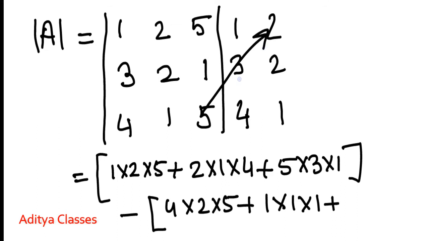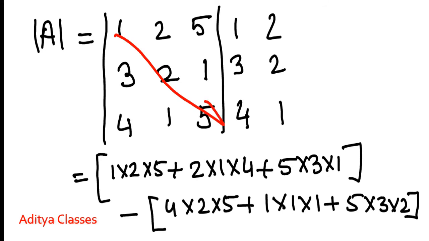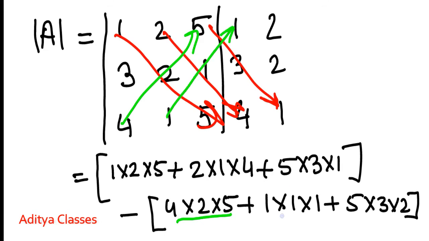Let us go ahead. 4 multiply by 2 multiply by 5, plus the next one, 1 multiply by 1 multiply by 1. And the last one would be 5 multiply by 3 multiply by 2.